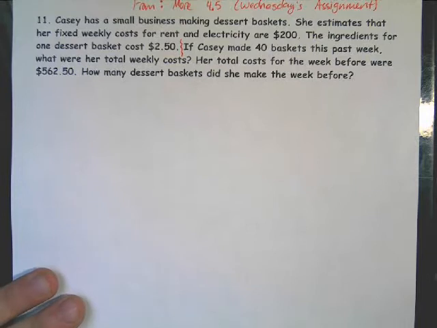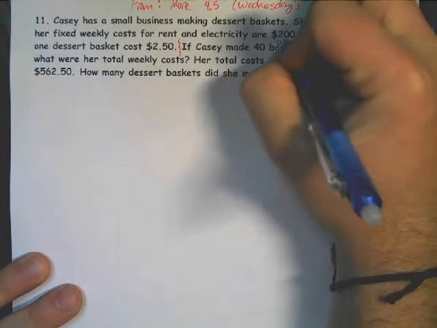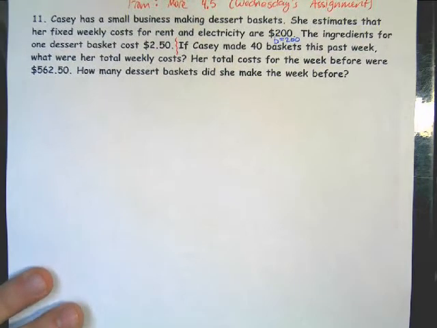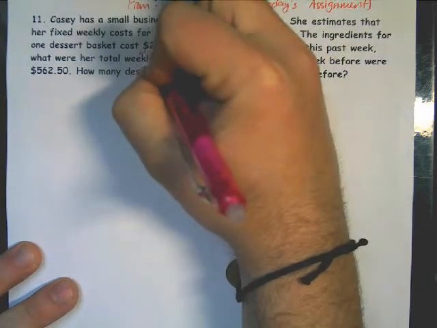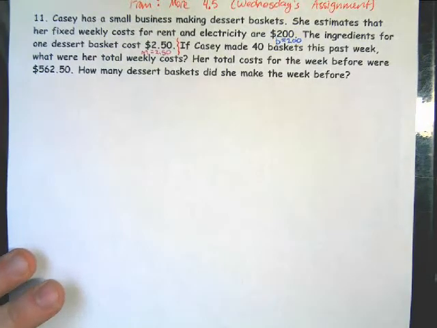My starting value is the 200. And the value that we're changing by each time, our slope, is this $2.50.